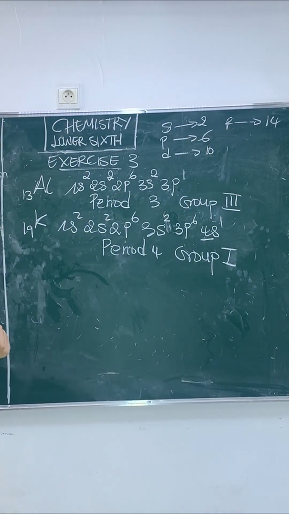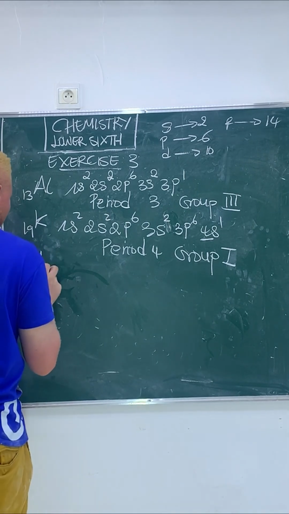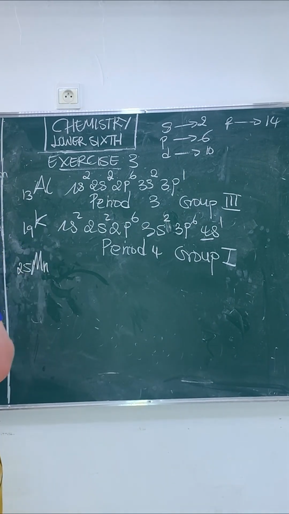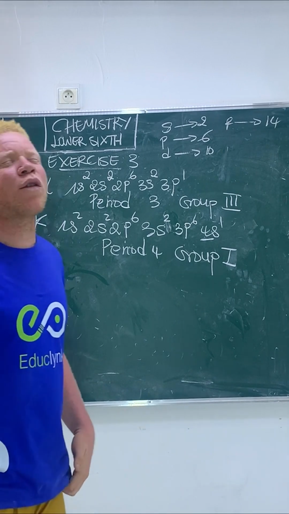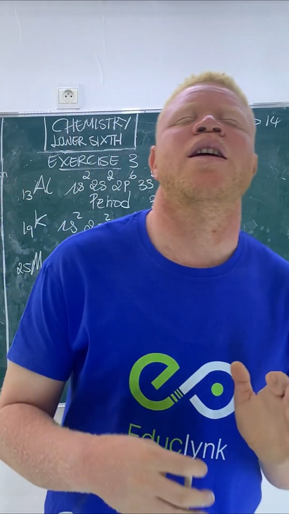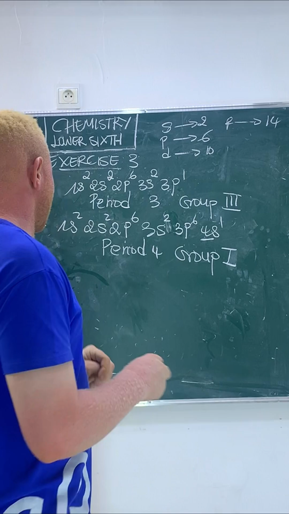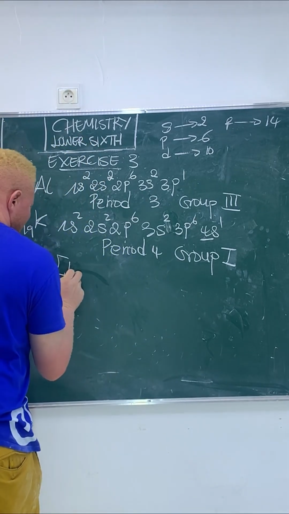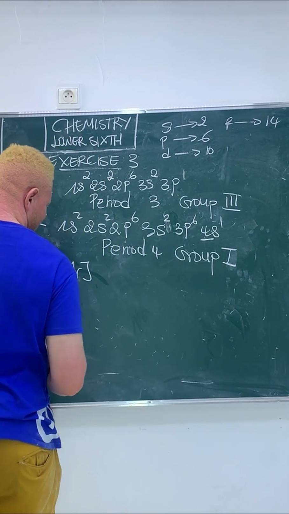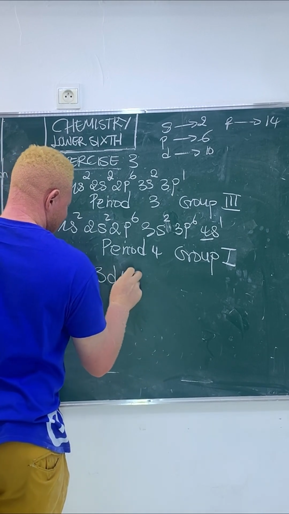Manganese is a transition metal. So the electronic configuration for manganese will be written using the argon core. So put argon, which is 18 electrons, then 4s2, then 3d5.